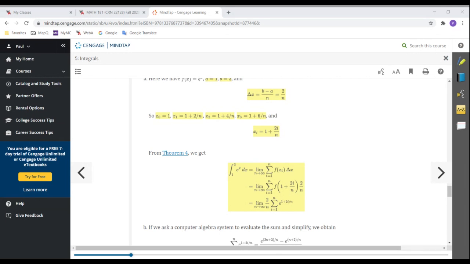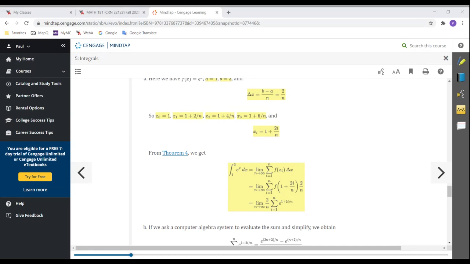Actually, you do not have to bring 2 over n out in front of the summation, but they do. I prefer to leave it in there. But if you get a problem where 2 over n, or whatever 1 over n, is out in front of the summation, you can just bring it back in, like we did in the example we just looked at.